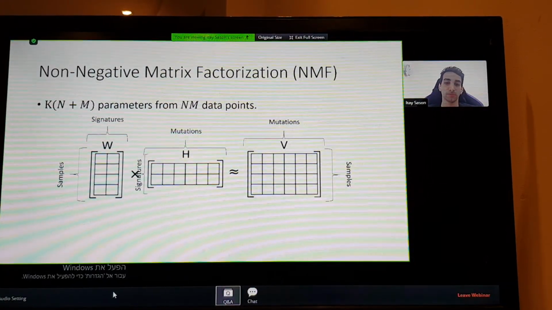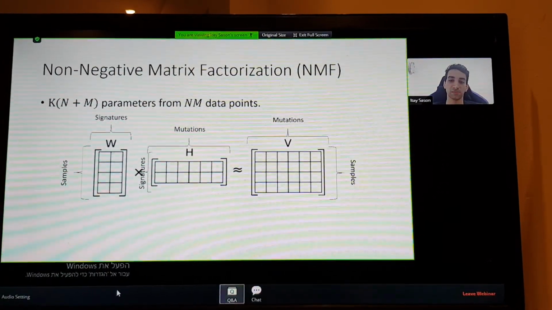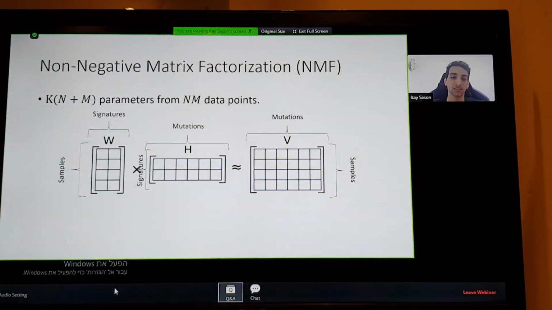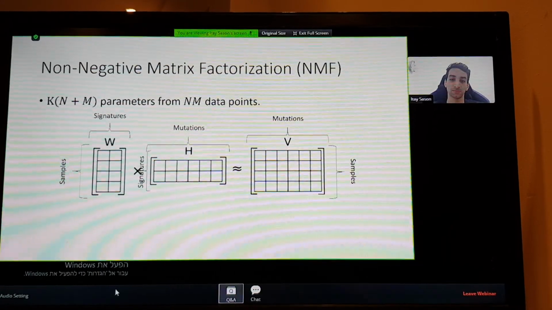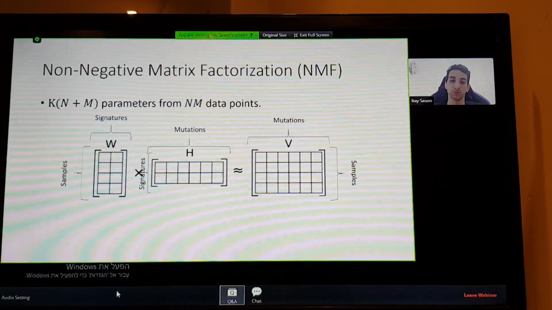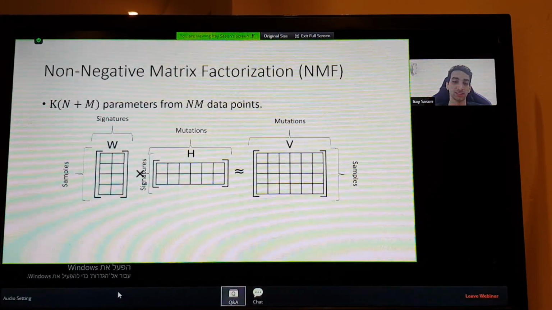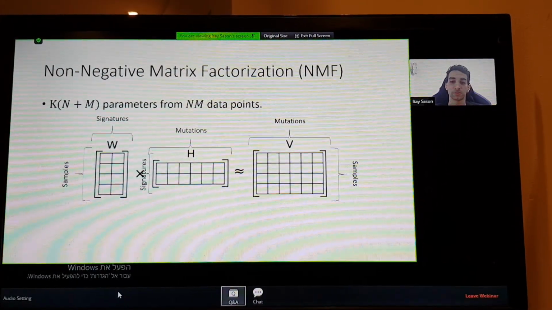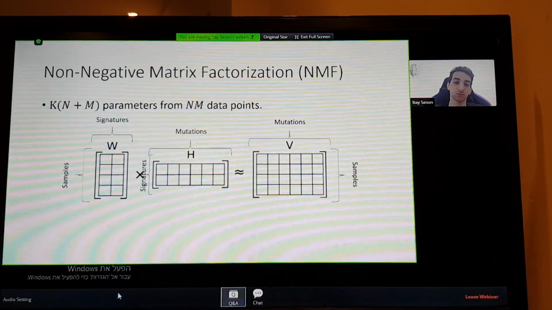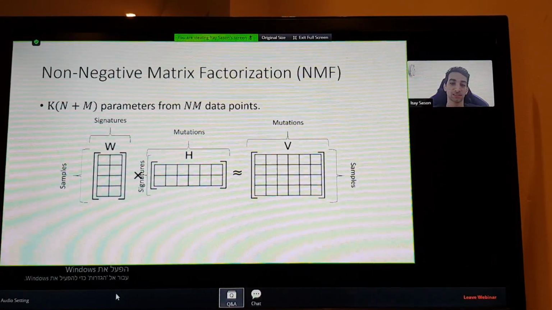For the usual whole genome and whole exome sequencing, non-negative matrix factorization was used. NMF learns a low-rank non-negative approximation of the data. So given a samples by mutations matrix, we would like to factor it into two matrices, samples by signatures and signatures by mutations. The signatures by mutations matrix is simply the signatures stacked in the rows of the matrix.